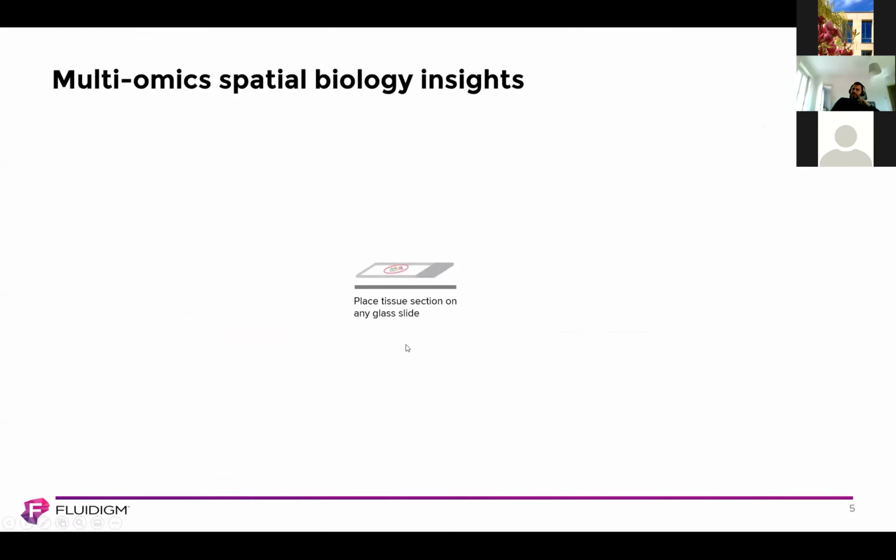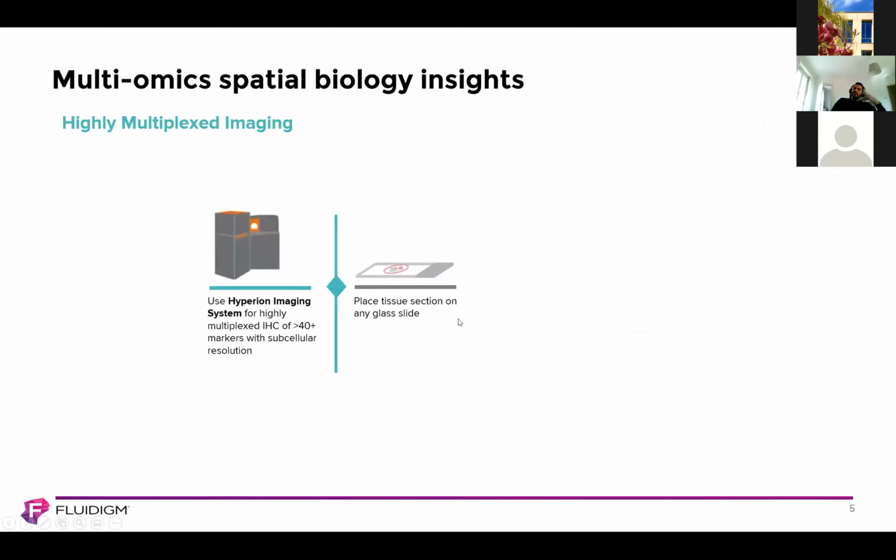By being capable of placing any type of tissue section on any classic glass microscope slide, we can now take that slide and, in the realm of highly multiplexed imaging, use our Hyperion imaging system, which is a technology that allows for easy multiplexing in immunohistochemistry of more than 40 markers, with subcellular resolution, to visualize where all these different markers are on a tissue section, to identify all those cell types and understand not only their function, but where they're localized.